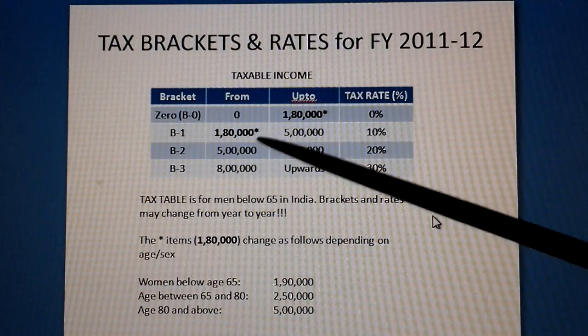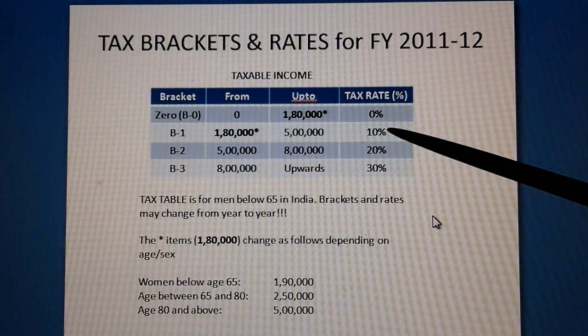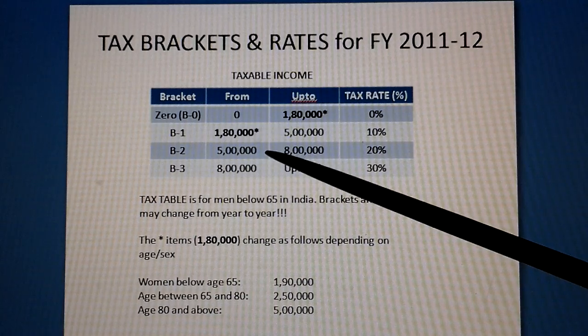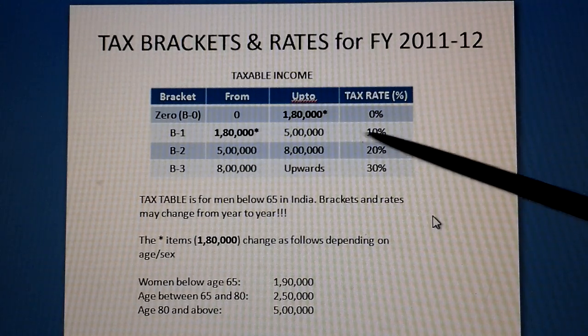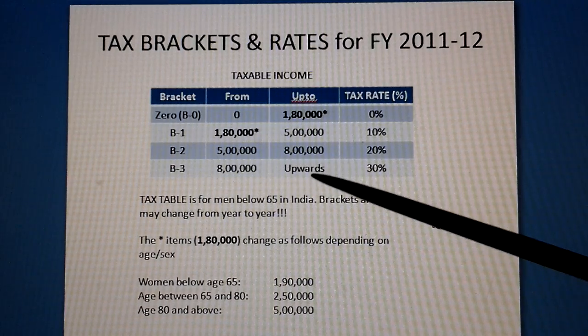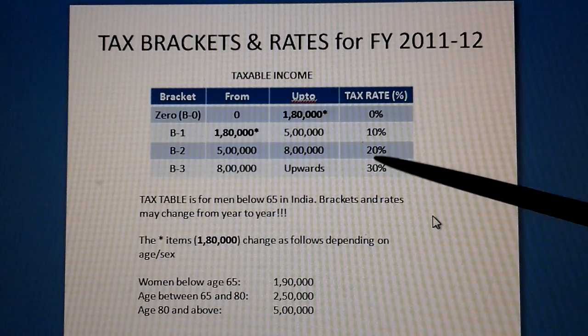The next bracket is between 1,80,000 and 5 lakhs. There you would pay a 10% incremental rate. The next bracket is 5 lakhs to 8 lakhs, and here you would pay 20%. And finally, a third bracket of 8 lakhs and above, where you would pay an incremental rate of 30%.